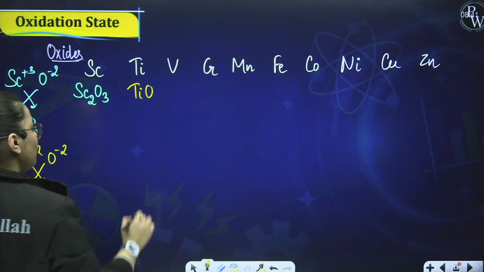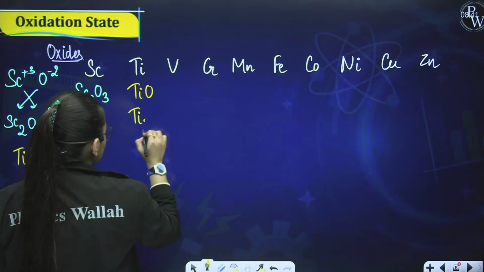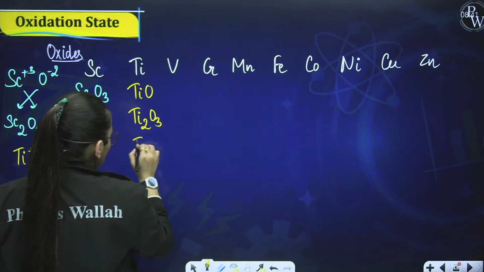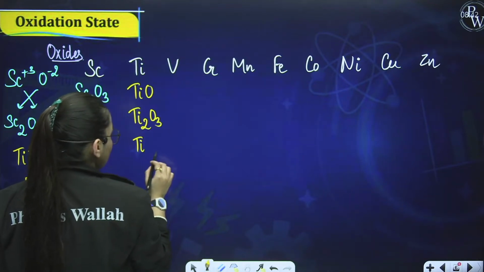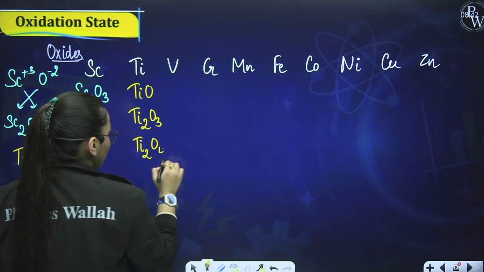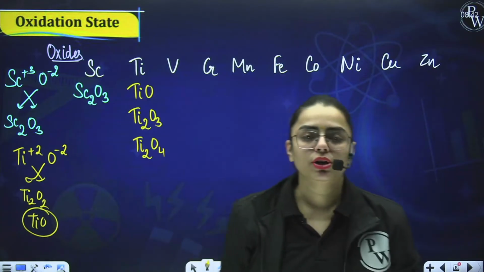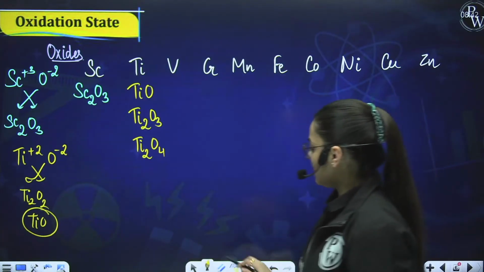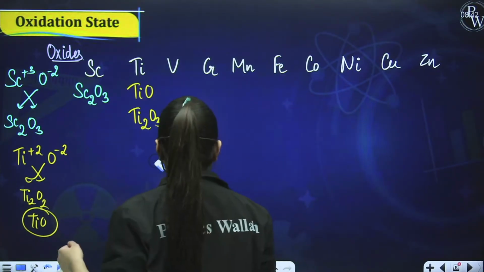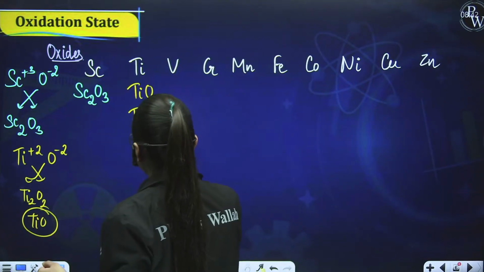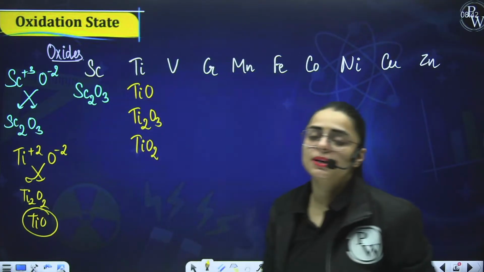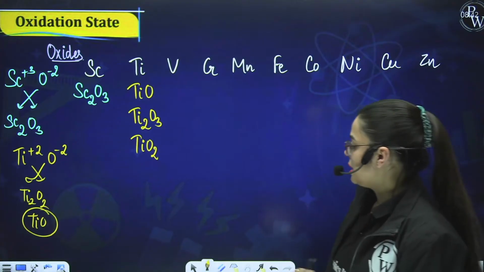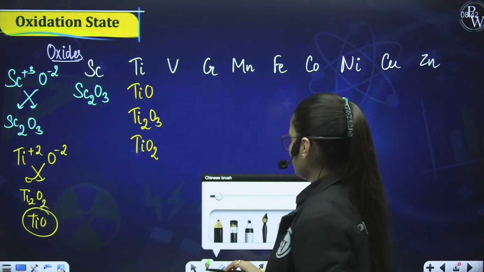If titanium is exhibiting +3, Ti2O3 will be formed. If it is exhibiting +4, then Ti2O4 will be formed. Are you getting my point? In other words, you can write Ti2O4 as TiO2. That means here titanium is present in +4 oxidation state. Is it clear?